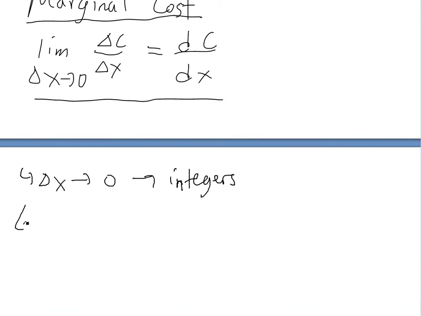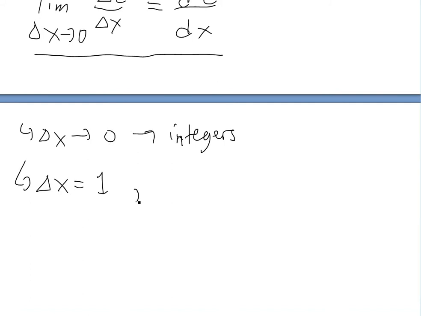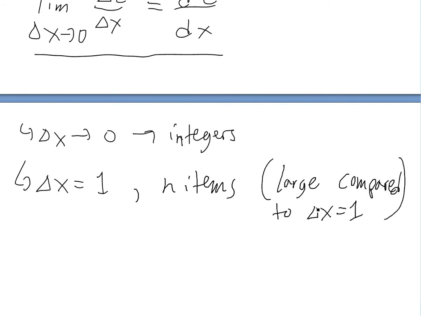So let's say delta x equals 1, and let's say we have n items, a large amount, large compared to delta x equals 1. So you have n items, let's say 1,000 or whatnot, so it's large compared to it.